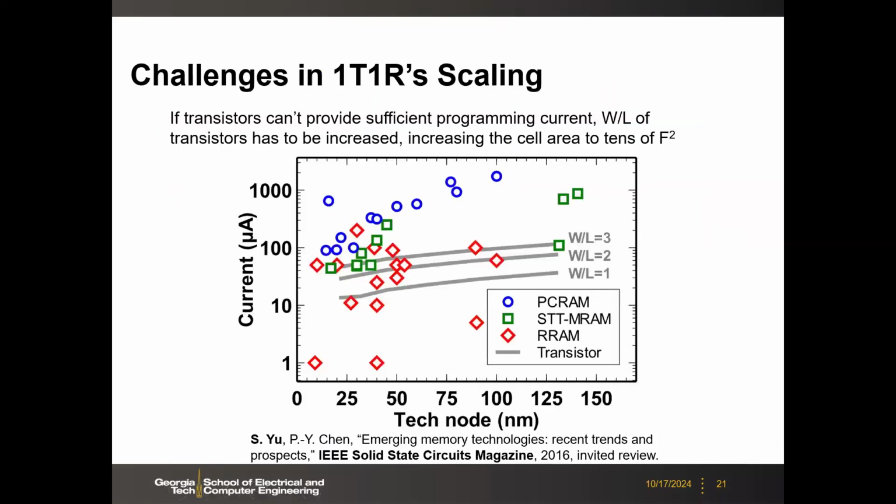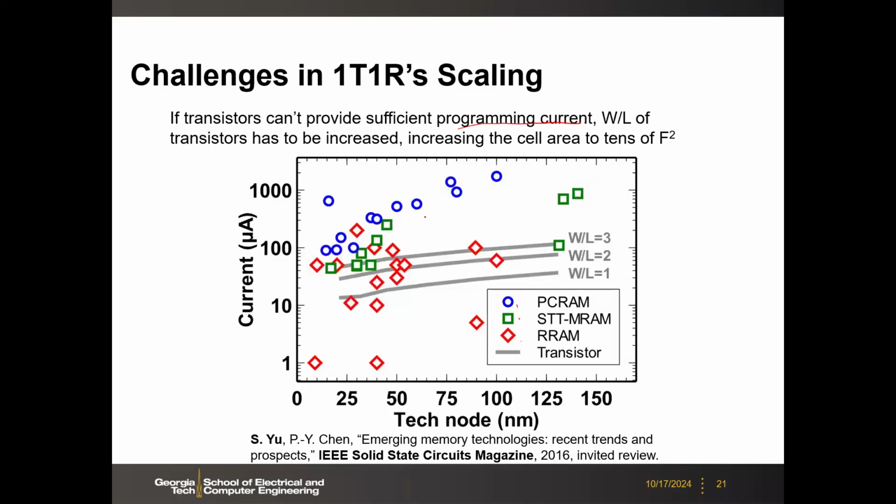So the challenge for this 1T1R scaling, as I said earlier, is mainly the switching current, the write current or programming current to change the states. This was surveyed a few years back, and we look at the programming current for phase change memory, STT-MRAM, and RRAM reported in the literature.